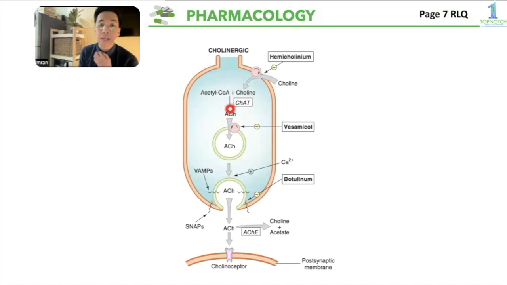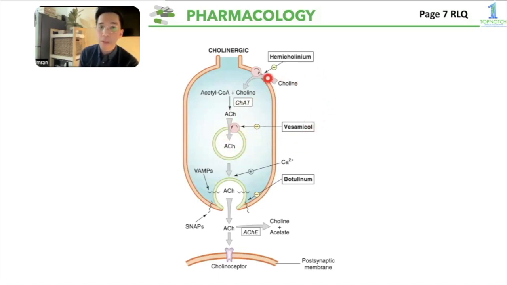Now, acetylcholine, guys, remember that it is easily degraded. So you have to put it inside a vesicle so it won't be destroyed right away. Now, that transportation from the presynaptic neuron to the vesicle is inhibited by vesamicol.